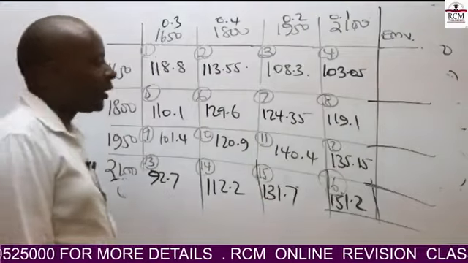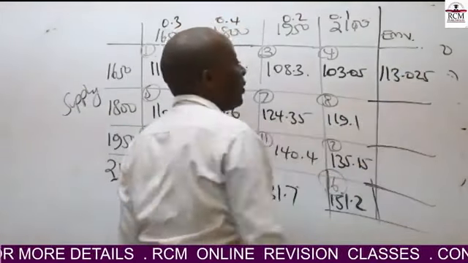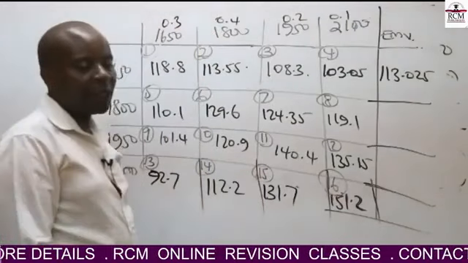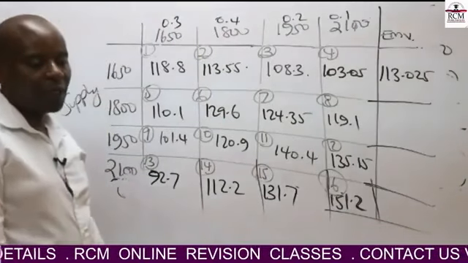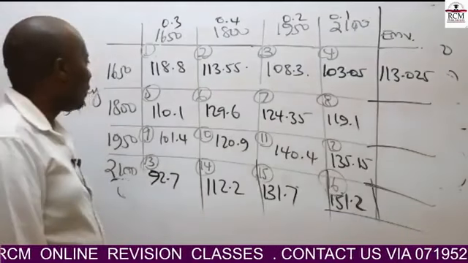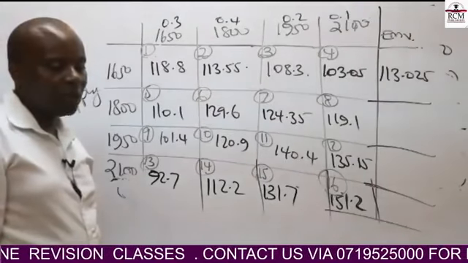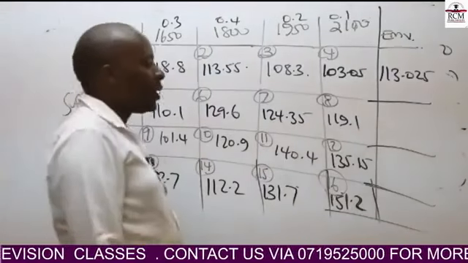So Mengich says 113.025. The first expected monetary value is 113.025. From there, we have the second one. How about the second one? 121.65.